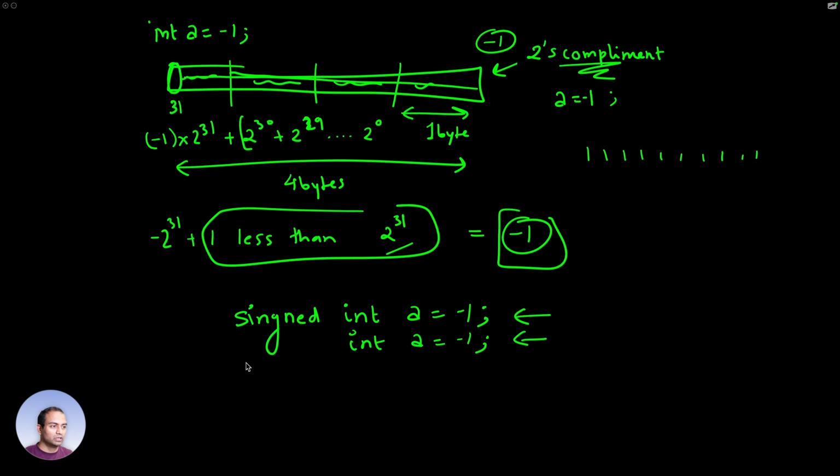When we do not mention the signedness of an integer number, it is assumed to be signed. So this keyword here is just an explicit way of saying that, hey, I want int to be a signed representation, a 2's complement representation. And when we do not mention it, it's still a signed number.